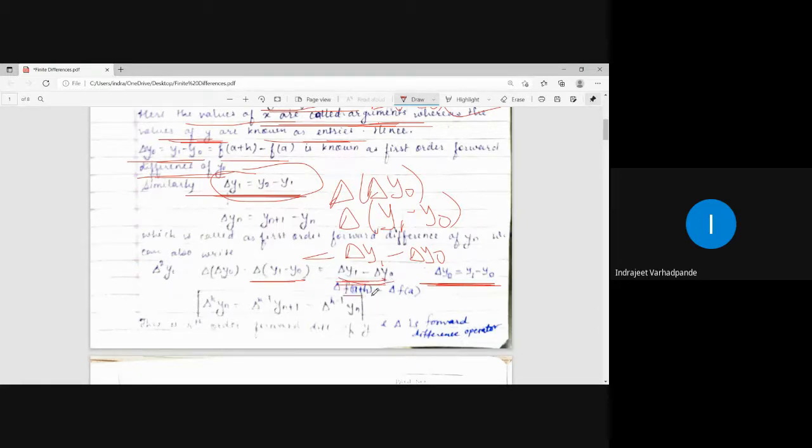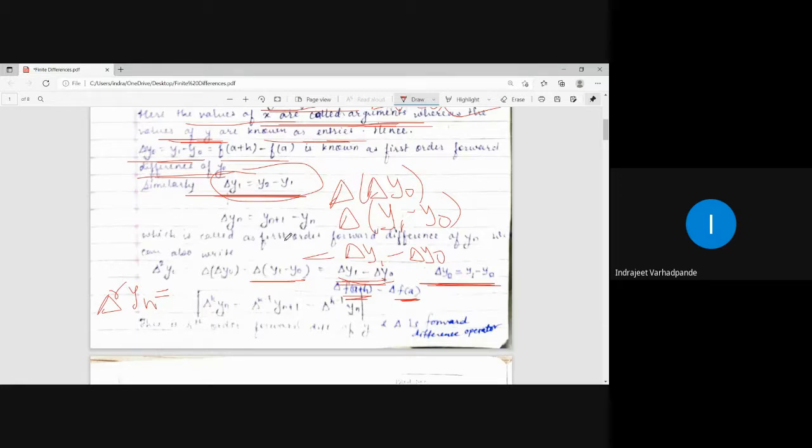y1 means f of a plus h, y0 means f of a. So in general, the rth order forward difference of y will be delta r of yn is delta r plus 1 of yn plus 1 minus delta r plus 1 of y.